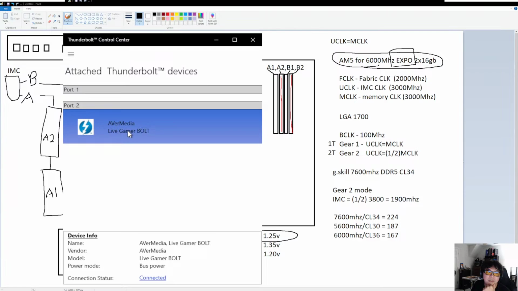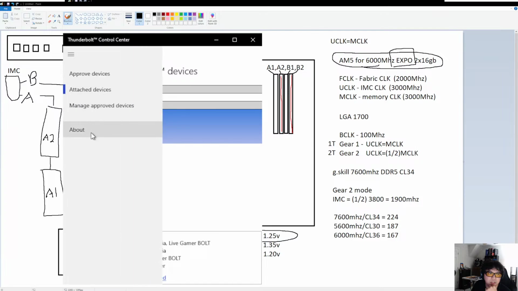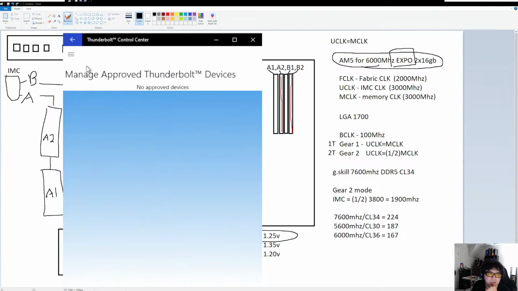I have an AverMedia Live Gamer Bolt. This is an external 4K 60 capture card that supports HDR. So I can capture HDR off of a PlayStation 5 or another PC if I want to do dual stream or whatever. What I want to show you guys is manage approved devices? No.